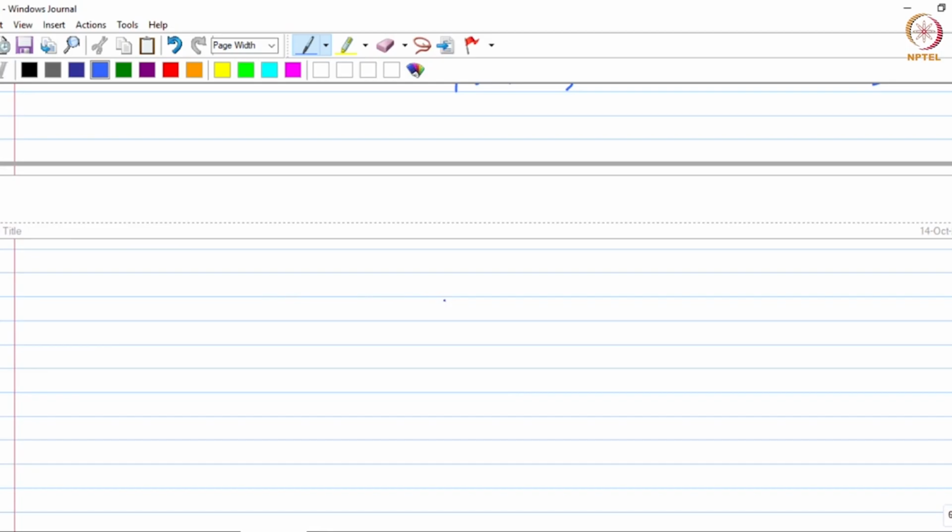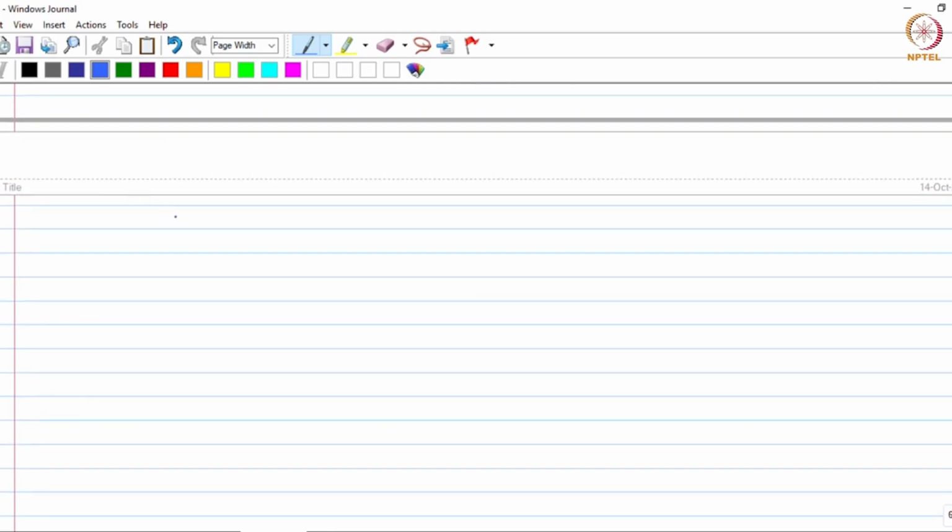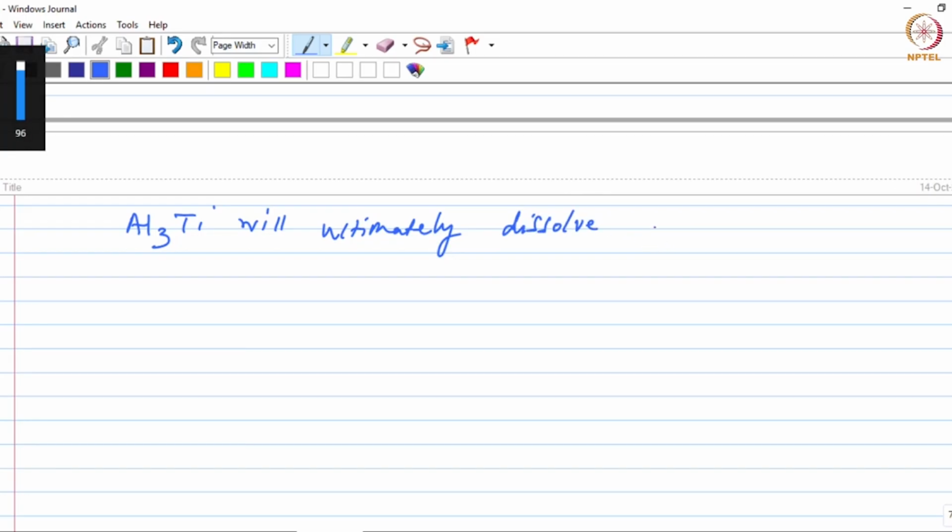And as the process proceeds, eventually the Al3Ti particles will dissolve, leaving behind a liquid of composition close to the peritectic composition, inside the boride shell.